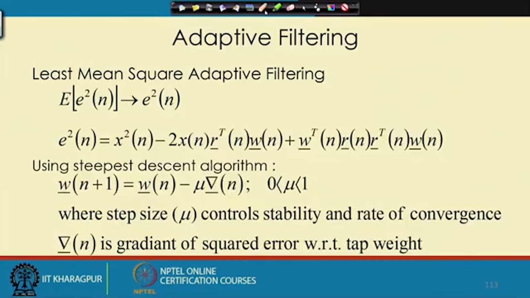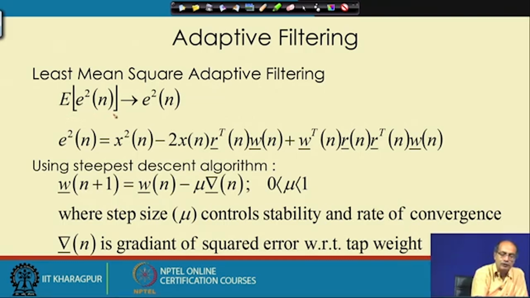In case of the optimal filter, we took the expected value of e squared n that we computed by the assumption of stationarity and the ergodicity of the signal, and we replaced the expected value of the square of error with the sum of the error over the time.